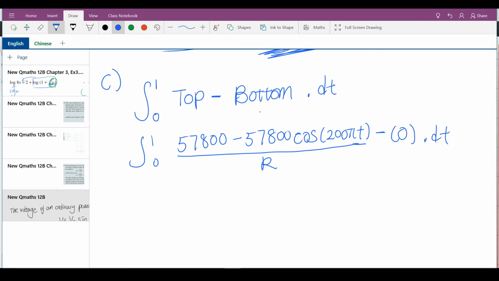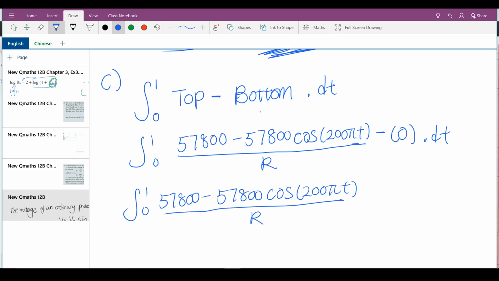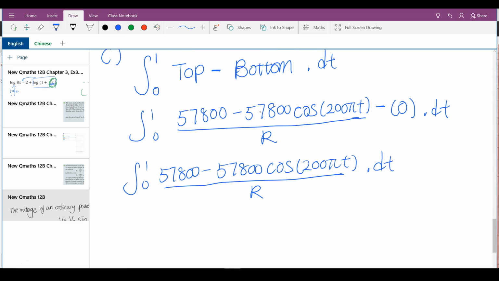Integrate with respect to t. All right, so we just leave it with this, because the zero doesn't change anything. I know you might be thinking, why are you writing the same step again? Because I want more communication marks. Full stop. All right. Okay.